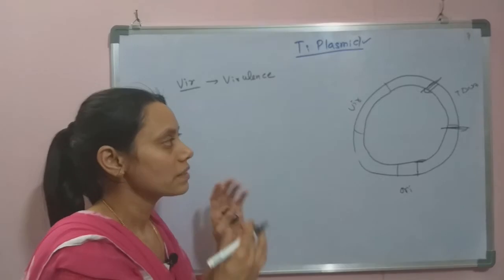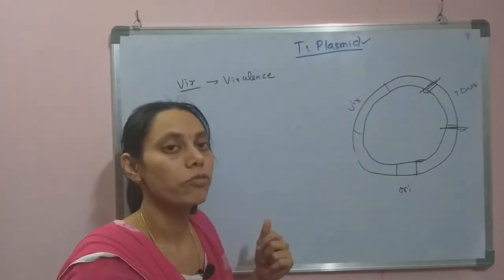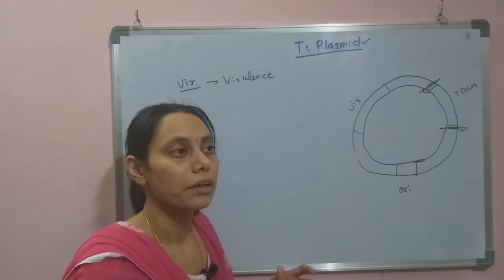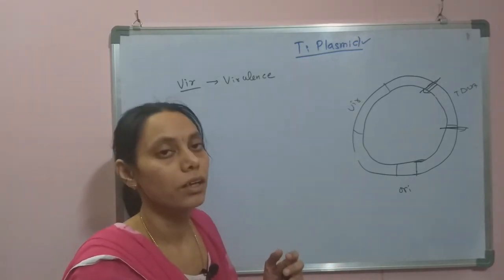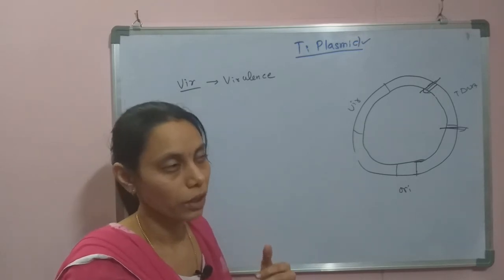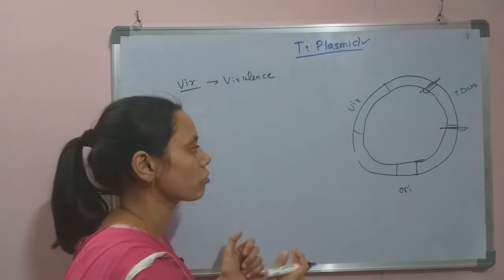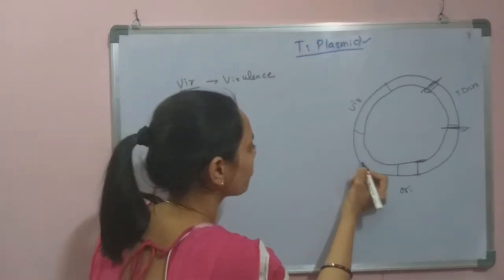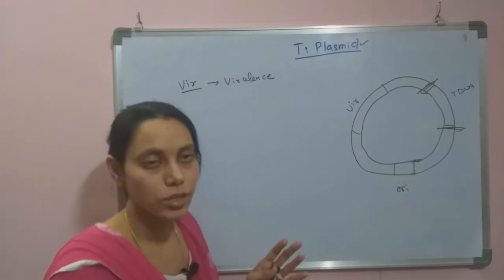That means it is responsible for tDNA separation, tDNA transfer followed by insertion, and once it is inserted inside the plant genome, the tDNA shows its effects, that means tumor induction. For that, first we need to understand how the signal transduction happens.